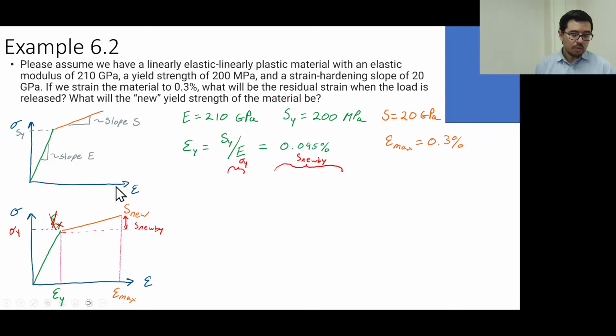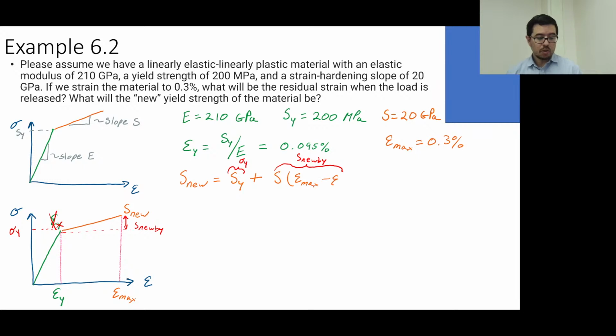So now I can figure out how far I yielded in the plastic regime, because they gave us the epsilon max, that 0.3%. If I know how far I went and I know the slope, then I can figure out how high up I went as well.